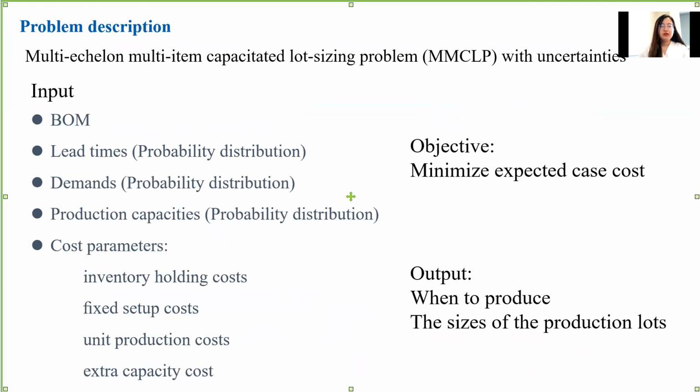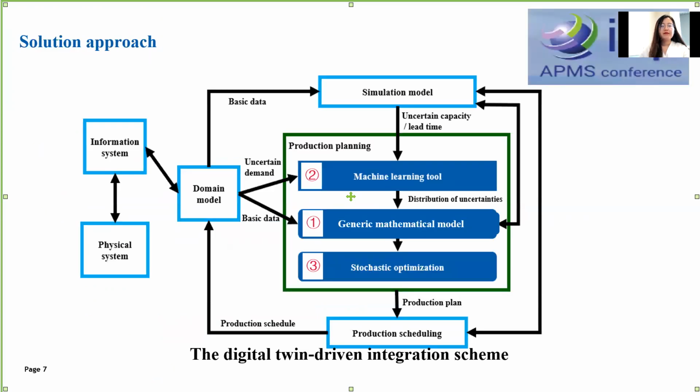For this problem, the inputs include the bill of material, lead times, demands, production capacities, and cost parameters. The objective is to minimize the expected total cost. The output is when to produce and the size of the production loads.